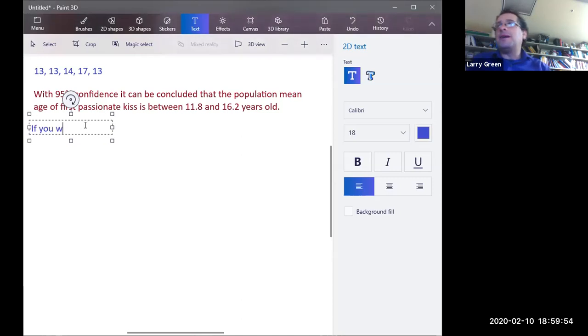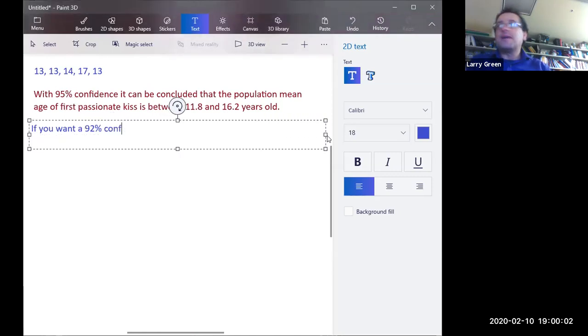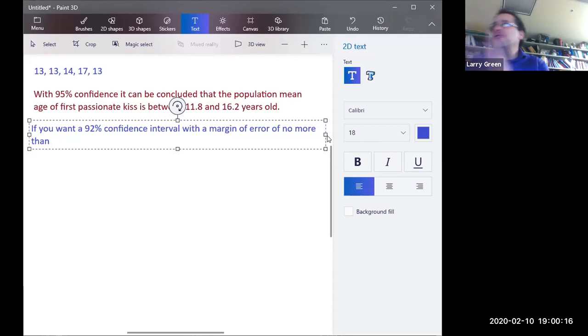If you want, let's say, a 92% confidence interval, with a margin of error of no more than, let's say instead of, we got a huge margin of error here. It's like years of margin of error.